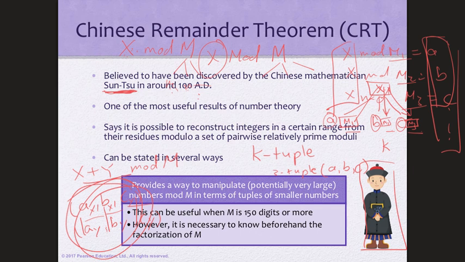Is that why they use GPUs? Here it is not that relevant to GPUs. This is a kind of reduction of calculation. So this is probably before the GPU era, where people were doing things by hand or with slow calculators. So they wanted to reduce the amount of calculations that you need to do when you are dealing with very large numbers by breaking them into smaller components, where m1, m2, m3 are smaller moduli, right?